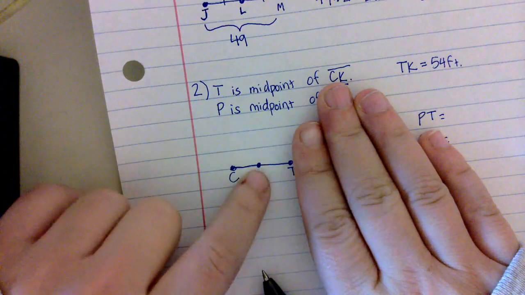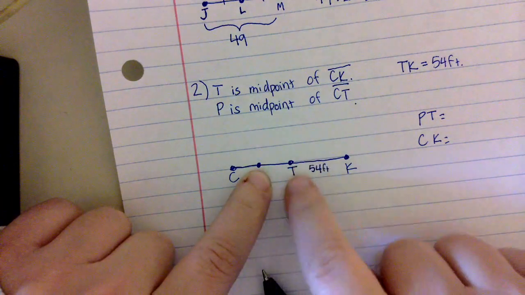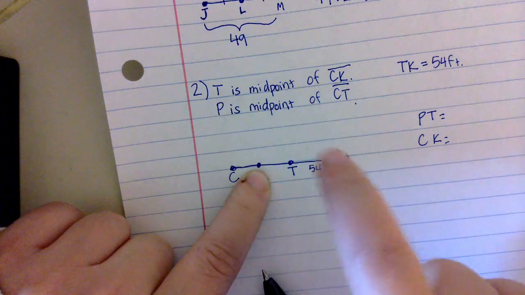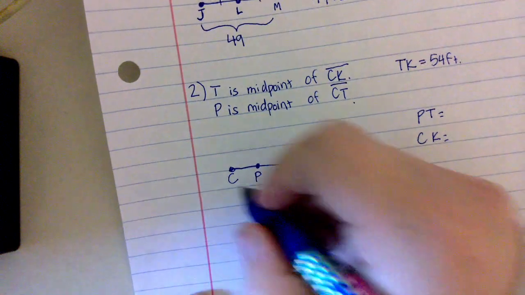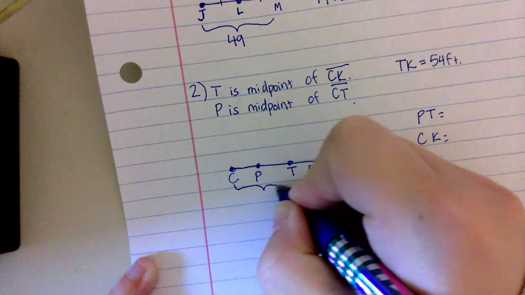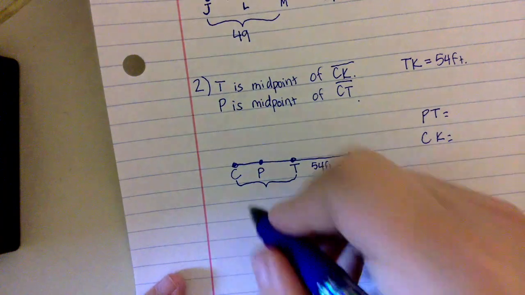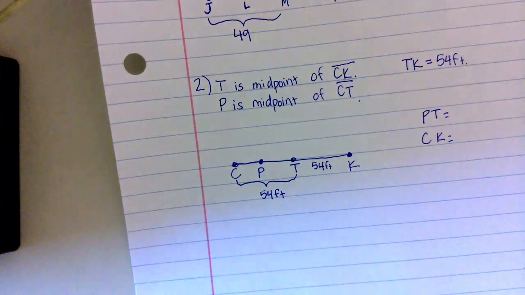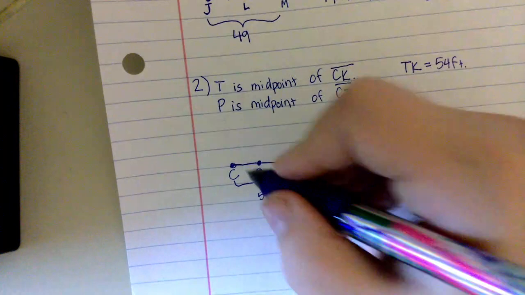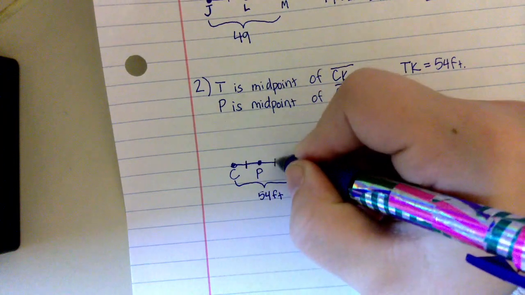But now if we ignore that P just for a moment, we know T is the midpoint of C to K. So this side and this side have to be the same. So C to T has to be 54 feet. And then we know these are congruent. These are the same.